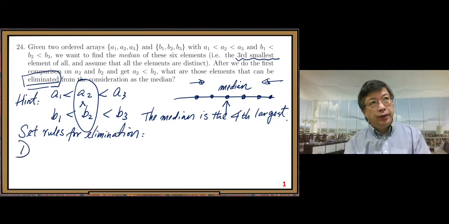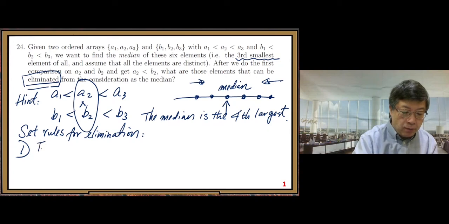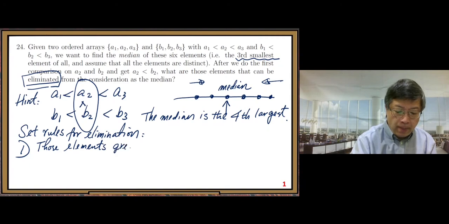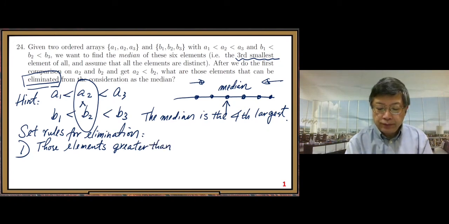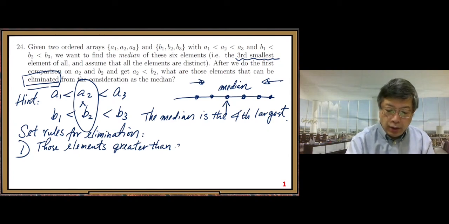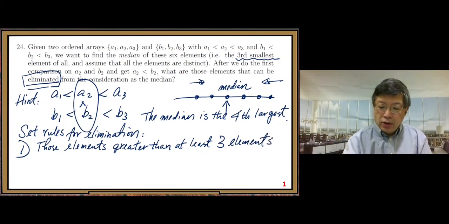The first one: those elements greater than at least 3 elements should be eliminated.